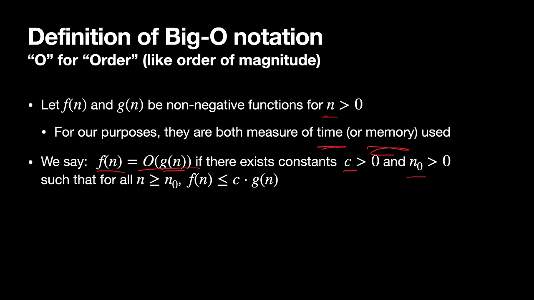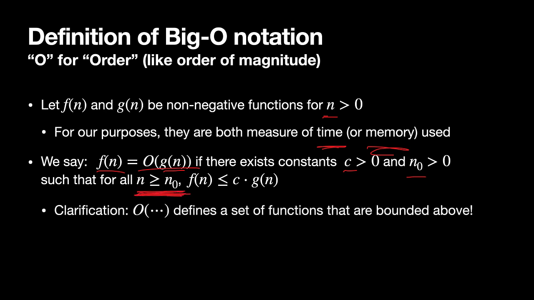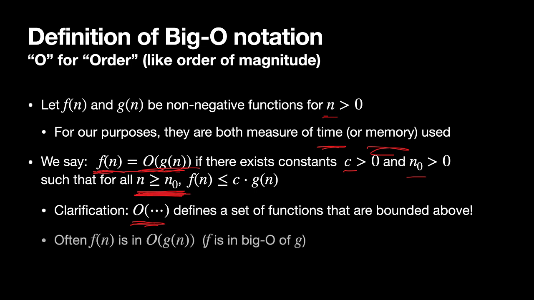And one of those parameters, the n0, kind of defines a particular starting point. So we'll come back to that when we look at it graphically. By the way, for clarification, the big O notation is about defining a set of functions that are bounded above by something. So a lot of times I'll read our expression here as the function f is in big O of g.